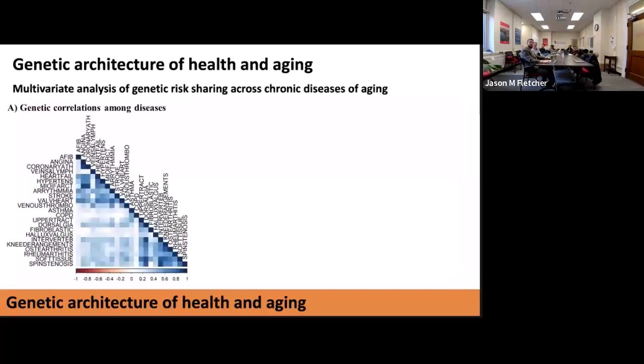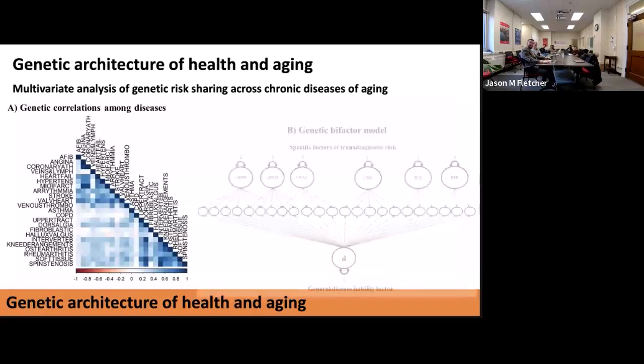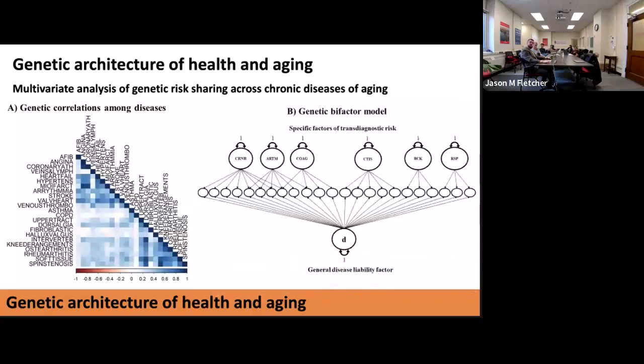So as highlighted here in the genetic correlation matrix among these 24 diseases, we found substantial genetic overlap among circulatory, musculoskeletal, and respiratory diseases. The best fitting genomic SEM model was this genetic bifactor model, suggesting the presence of a general disease liability factor, accounting for the shared genetic variance among these 24 diseases of aging that are manifested across different tissues and organ systems.